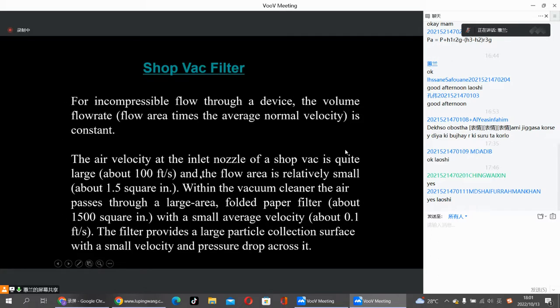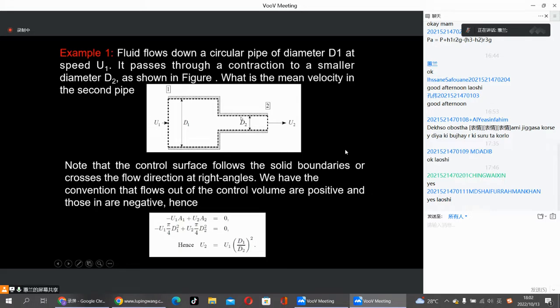For the vacuum, we know it's because the inlet nozzle of the shop vac is very large, and the flow area is really very small, because we got how many in, how many out. So with a large area, the velocity will be smaller, but for a smaller area, the velocity will increase. Let's see some examples so we can understand it better.